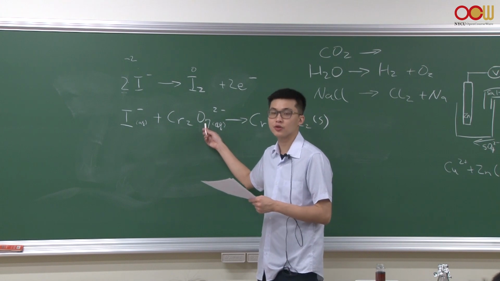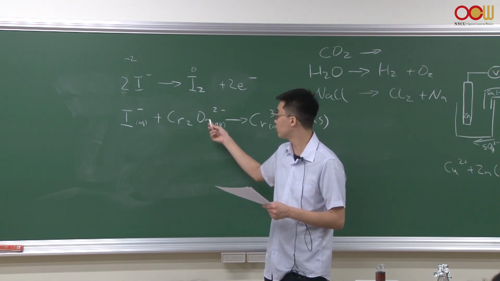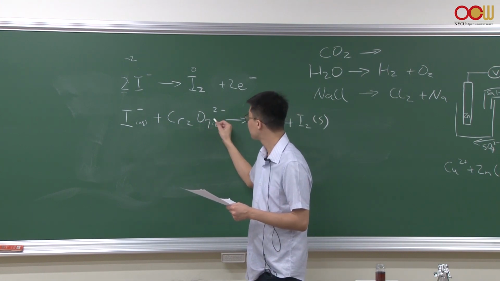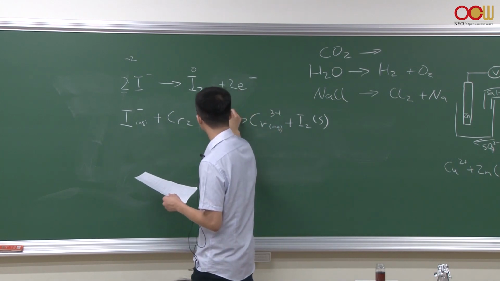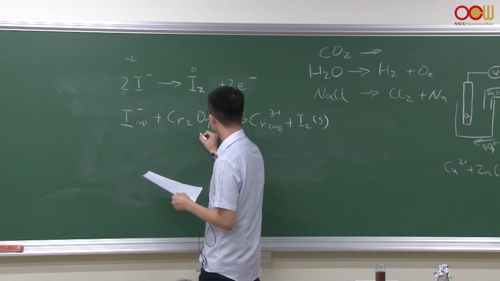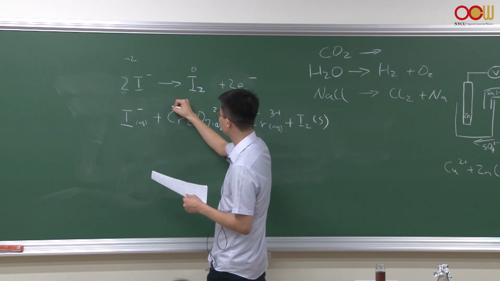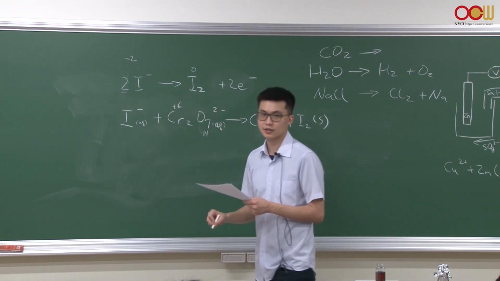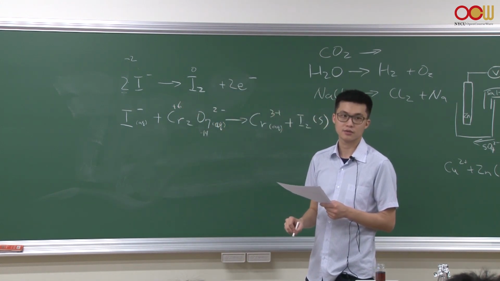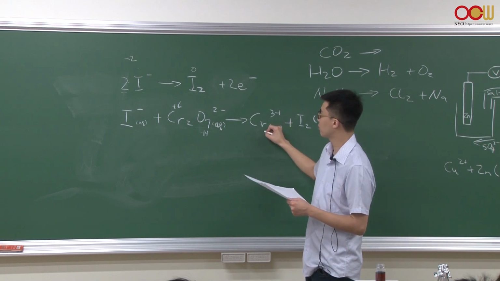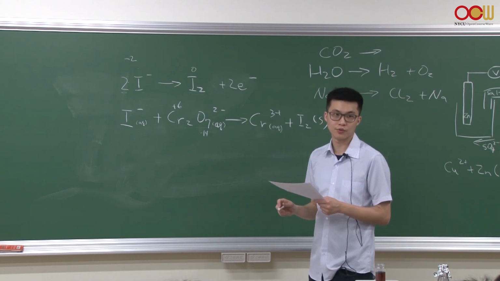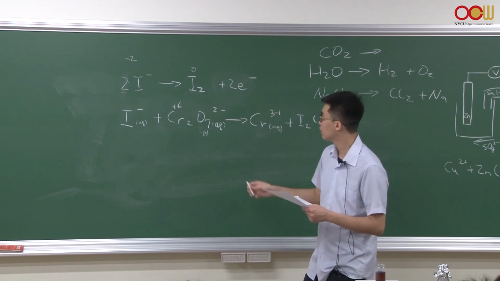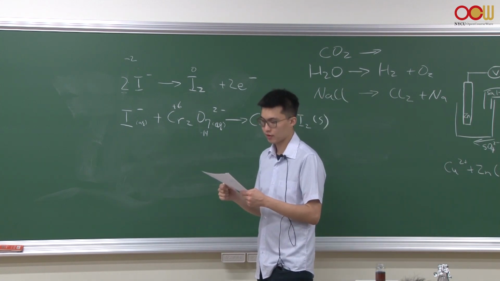We know oxygen normally will stay as -2, right? So in order for this, we know that here's -14, so chromium must be +6. That makes sense? Okay? And here, the problem already tells you, you form chromium 3. So let's balance the dichromate, okay?